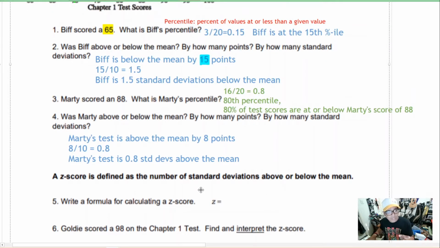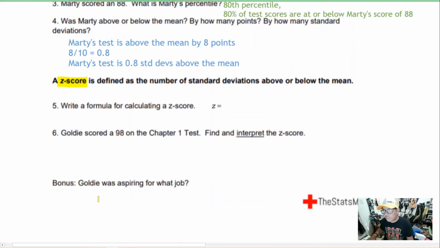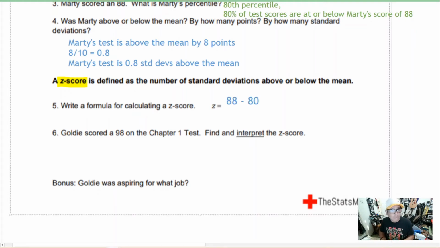We call that a z-score. So the z-score is defined as the number of standard deviations above or below the mean. And we could write a formula for the z-score. What did we do to get Marty's 8 points? We did 88 minus 80, and we took that whole thing and divided by 10.